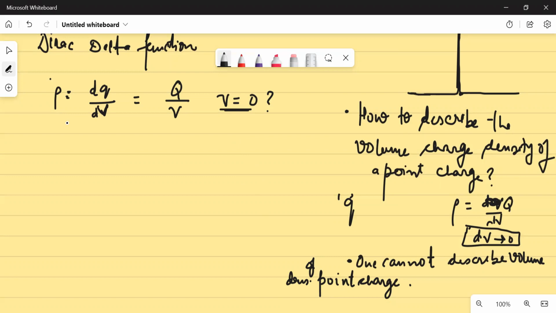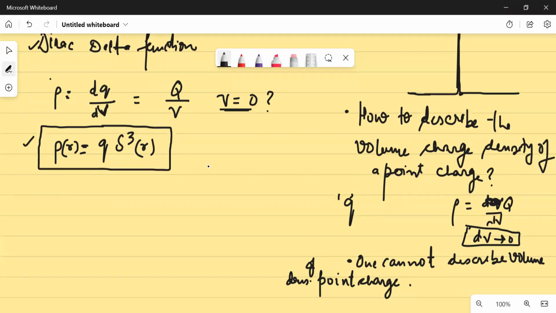So how did we do this? In the Dirac Delta Function class we've already done this: in order to define the volume charge density of a point charge, you would require something called the Dirac Delta Function. Similarly, to define the volume density for a point charge or point mass, you would require a Dirac Delta Function.